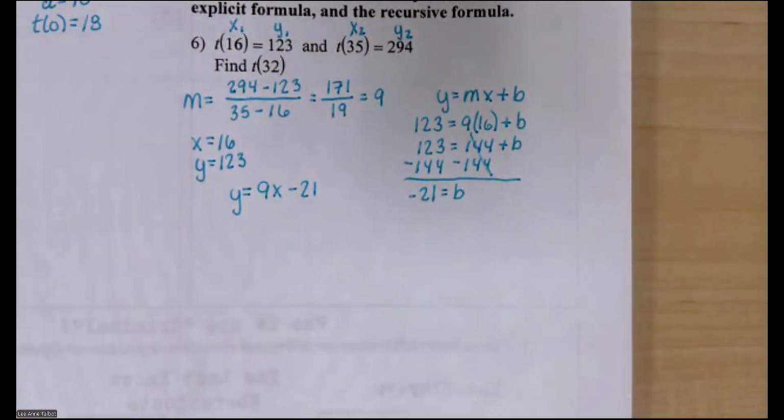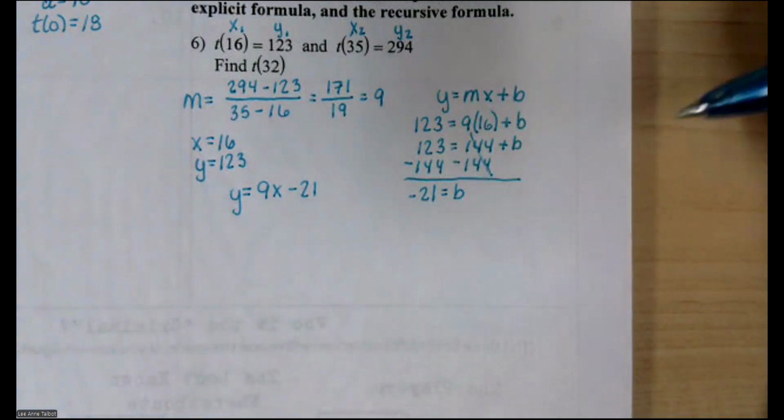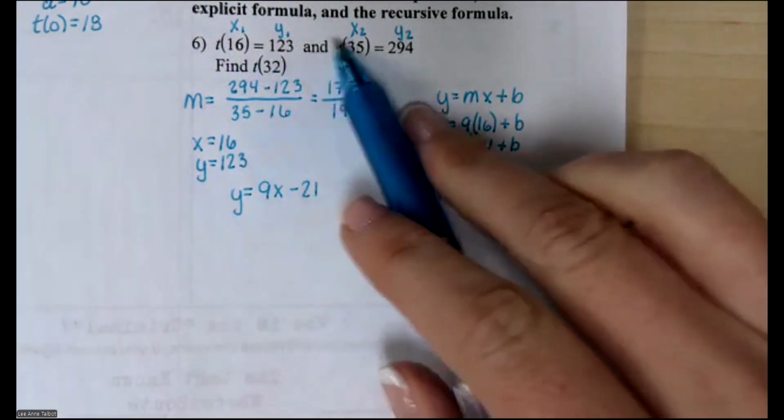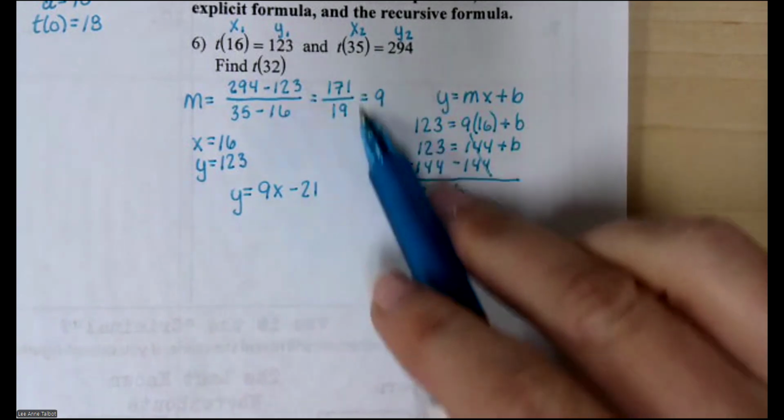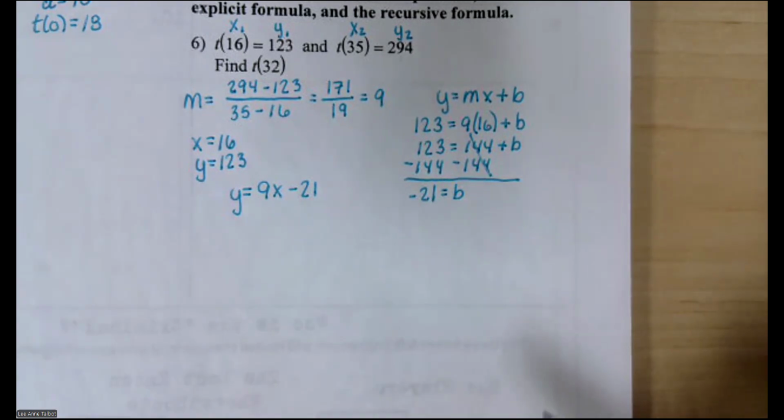Okay, let's pause there. Any questions about what I did so far? So I labeled them as coordinates, found the slope, plugged in a point to find B.